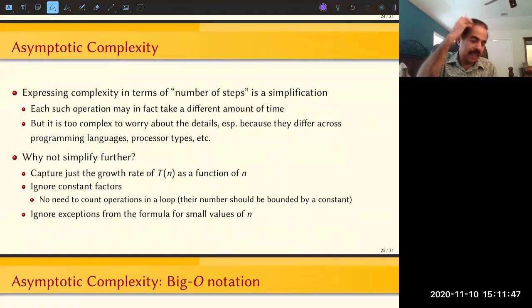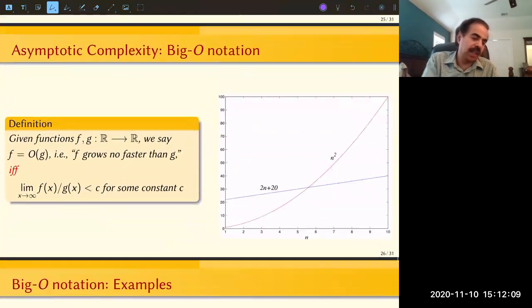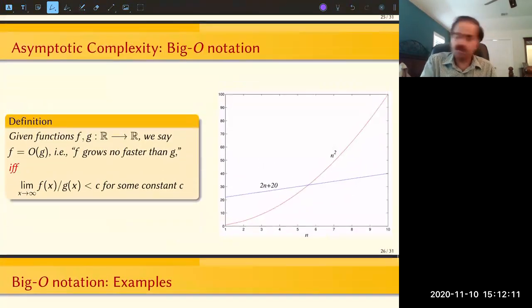We are going to calculate asymptotic complexity by leaving out the constants and worrying only about the rate at which this function increases. So let's give the definition here.